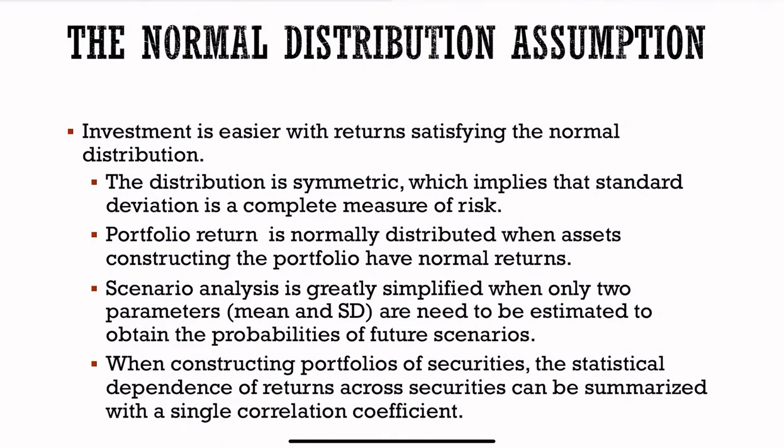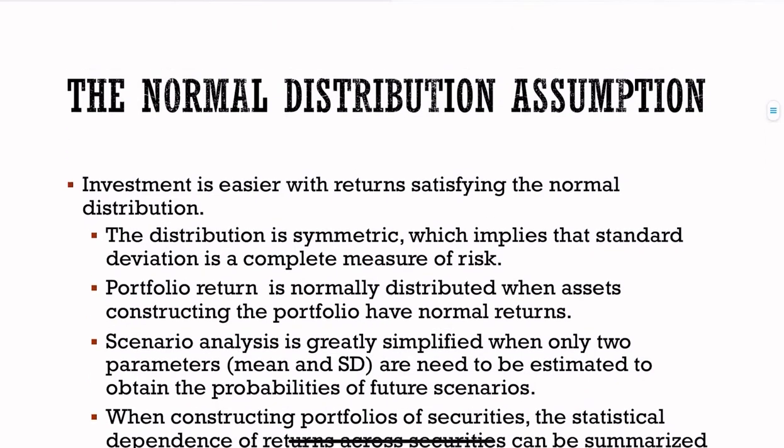So the second reason is portfolio return is normally distributed if investments in this portfolio have normal returns. So it basically means something like this.